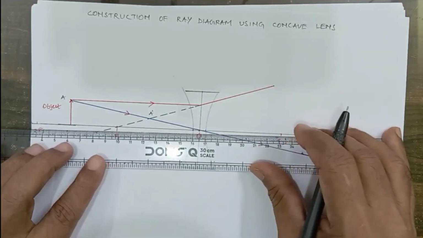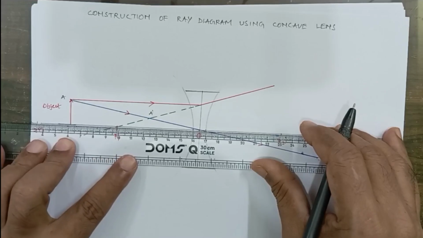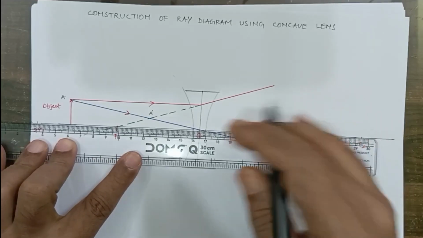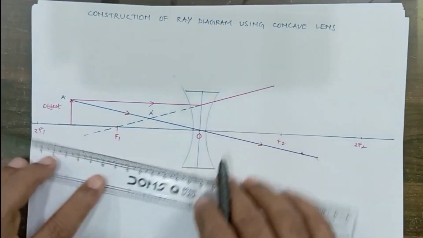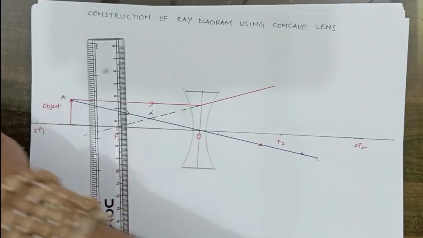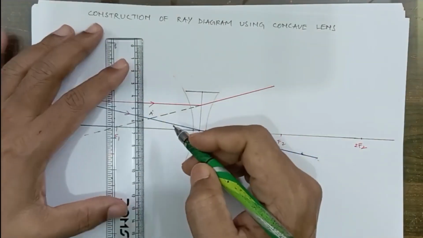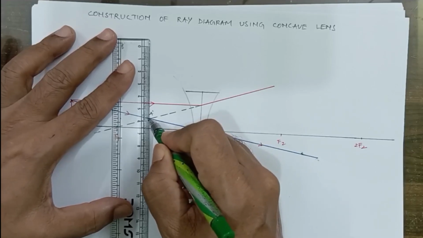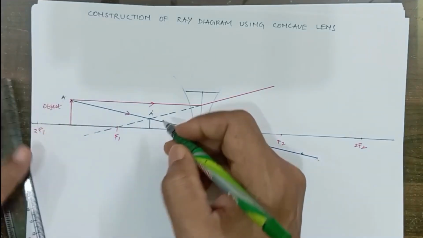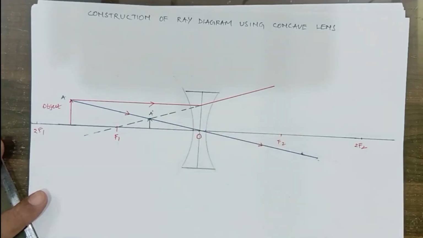And if you consider a light ray that is incident from the bottom point of the object and passing through the optical center, and if you draw a vertical line at this point A dash, this would be your image. So this is the ray diagram.